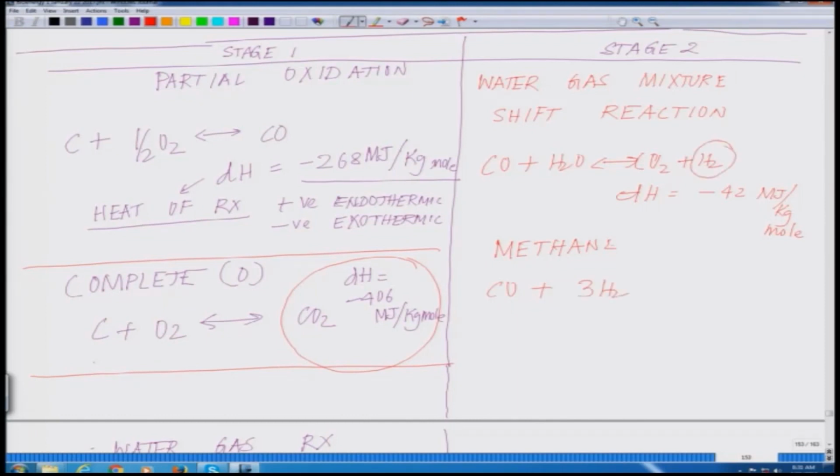You are seeing a lot of hydrogen getting generated, and the heat of reaction here is minus 88 megajoule per kilogram mole. So, what you are producing here is methane in the second step.